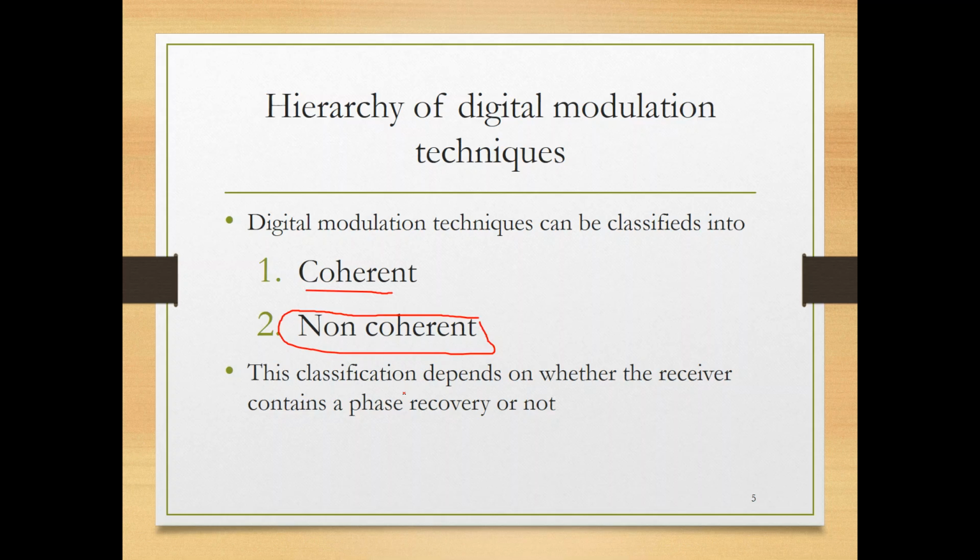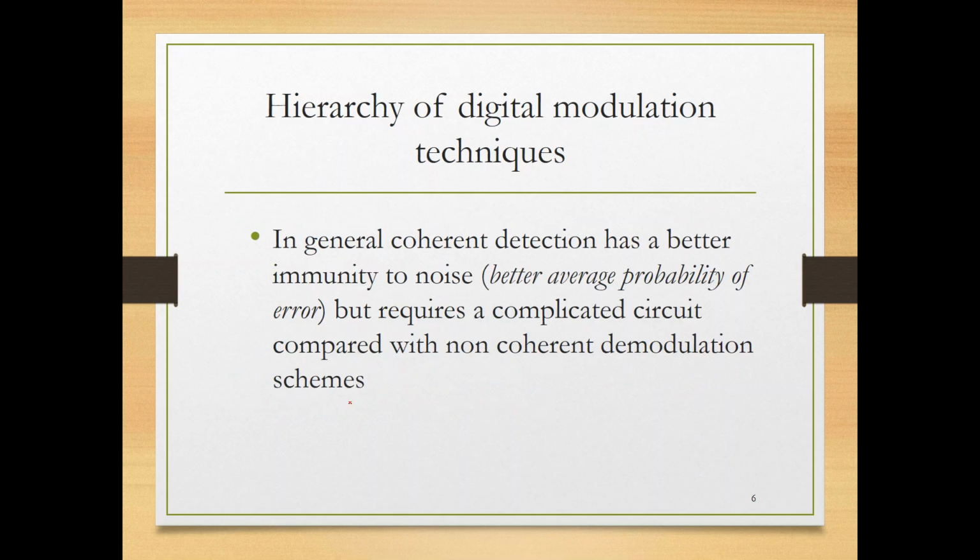What's the price you pay here? Since your scheme is simple, not that complex, you will have some degradation in performance quality in terms of error rate, throughput and capacity.